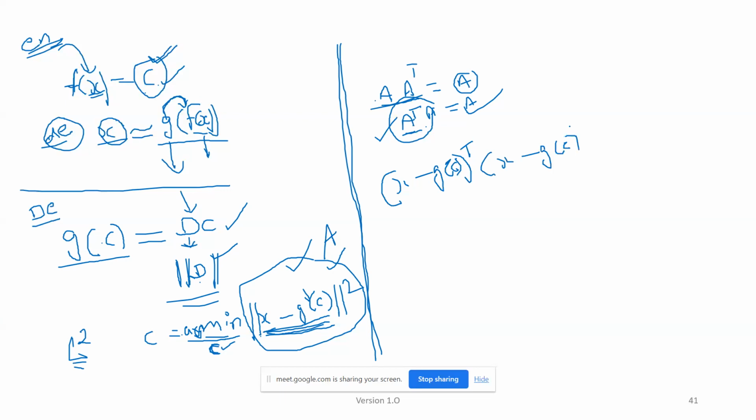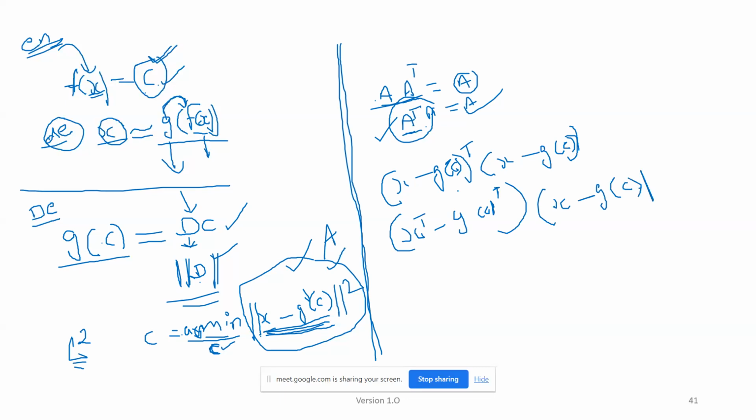It doesn't change anything, the meaning is not changed at all, because A transpose into A equals A. Like this we make it, and then we simplify this equation. After simplification, we get x transpose minus g of c transpose, where the transpose is applied, into x minus g of c as it is. Try to understand this concept; it has more mathematical calculations.